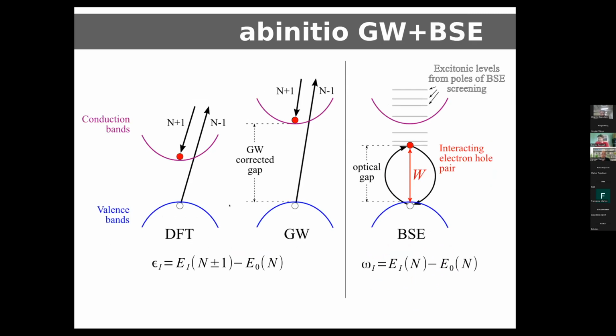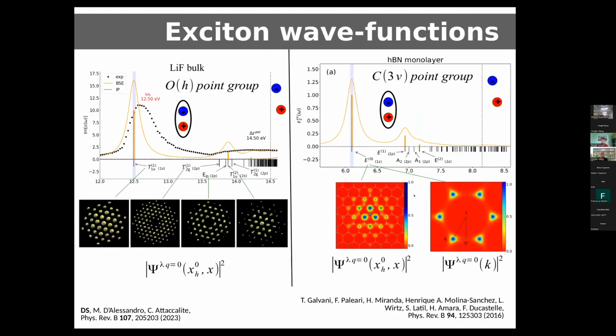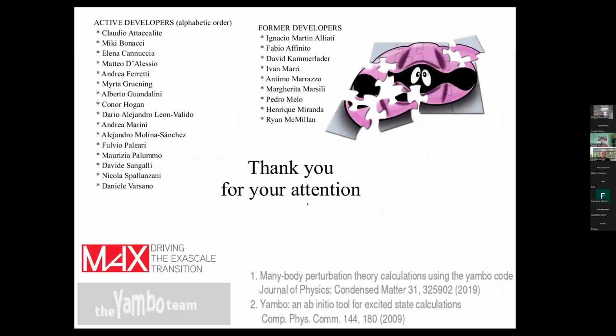The GW plus Bethe-Salpeter scheme is a standard approach to get the excitation spectra of a system, including both charged excitations, which you can measure in photoemission, and neutral excitations, which you can measure in optical spectra.